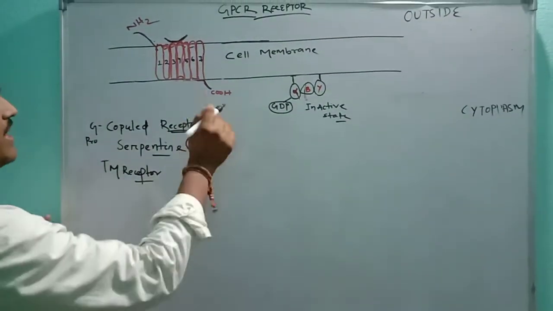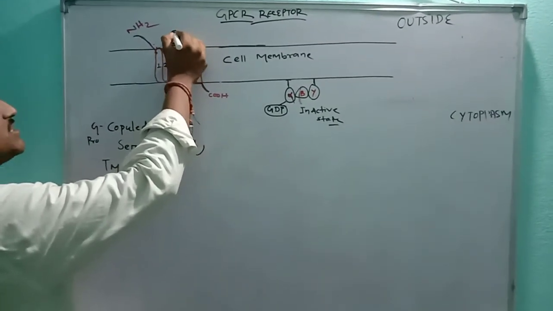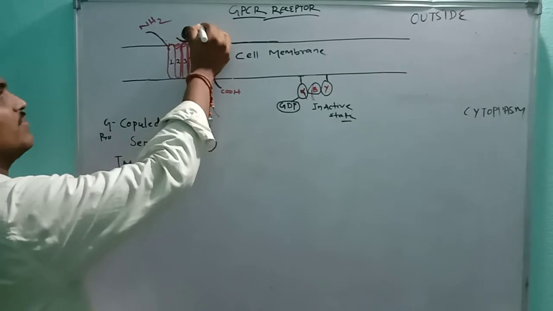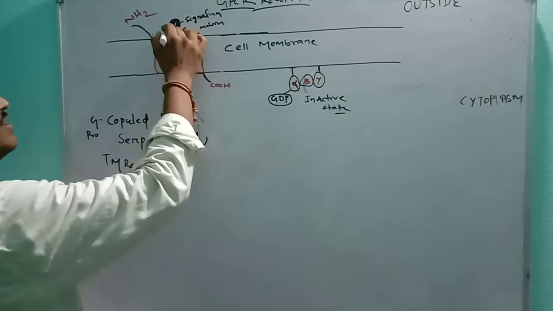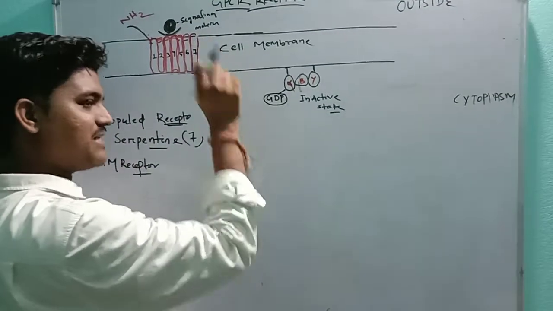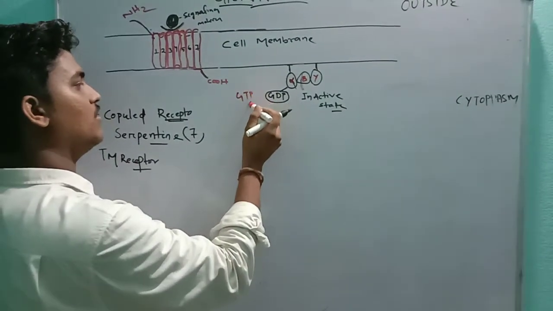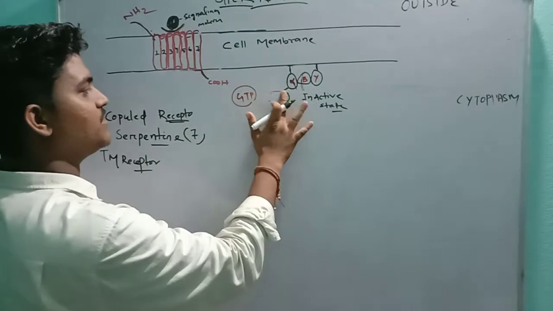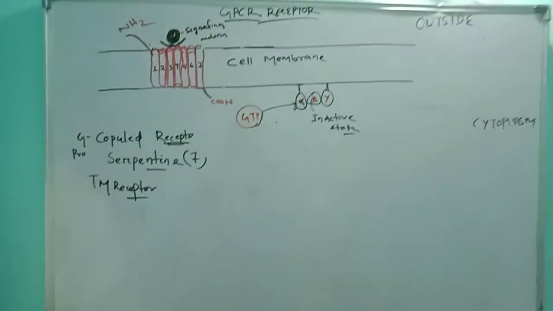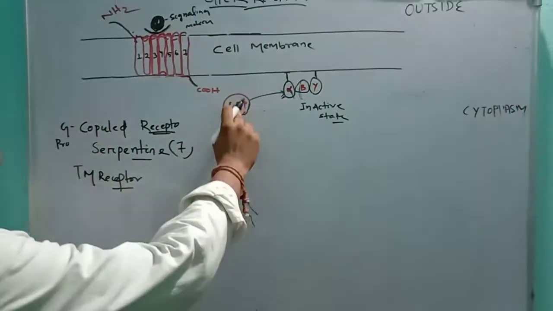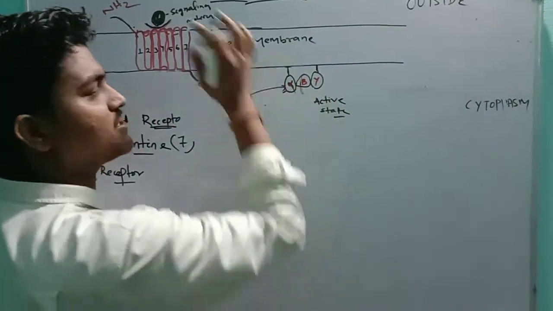When a signaling molecule comes and binds at this binding site, automatically inside the cell, GTP will come, replace the GDP at this place, and bind at the alpha subunit. After binding of GTP to the alpha subunit, this inactive protein is converted to the active state.